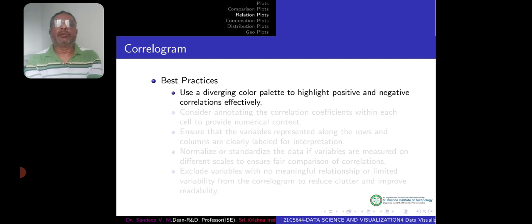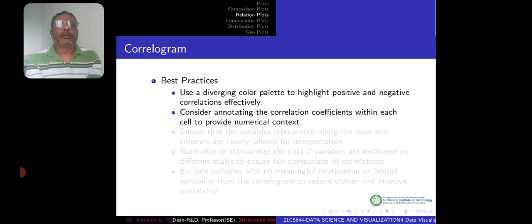Say you use only blue everywhere, and a larger number is a dark blue and a smaller number is a light blue; then it may not be immediately visible where the maximum is and where the minimum is. Instead, if blue is used for maximum and yellow is used for minimum, then it immediately catches the eye where the maximum and minimum are. So a diverging color palette is required to highlight these things.